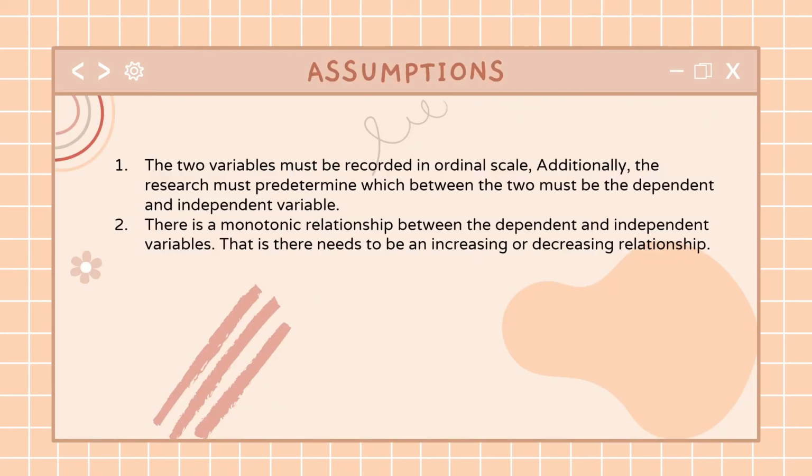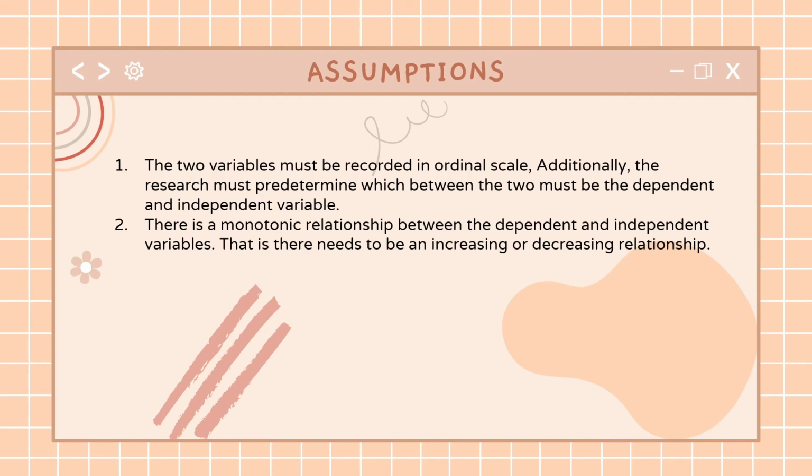So for the assumptions, meron tayong dalawang assumptions dito. First, the two variables must be recorded in ordinal scale. So ito nga yung sinabi kanina na dapat ordinal siya. And second, and additionally, the researcher must predetermine which between the two must be the dependent and independent variable.